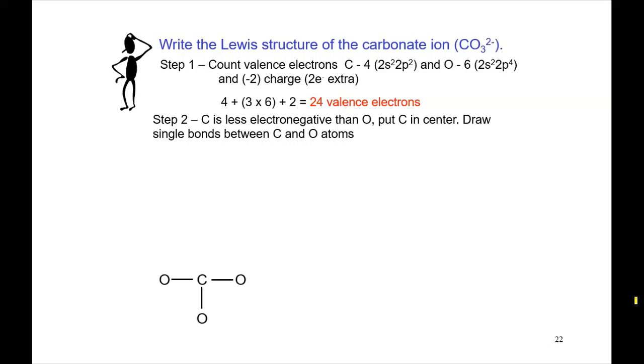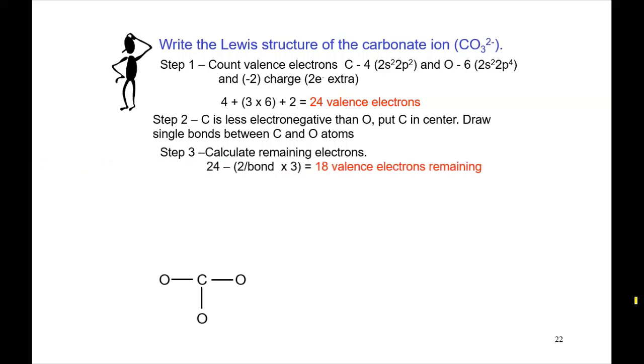I made 3 single bonds. Each one corresponds to a pair of electrons. So that means that out of the 24 that I started with, I used 2 per bond times 3 bonds, 6. So that's 18 remaining electrons. And those are the ones that I had to put as lone pairs to complete octets.